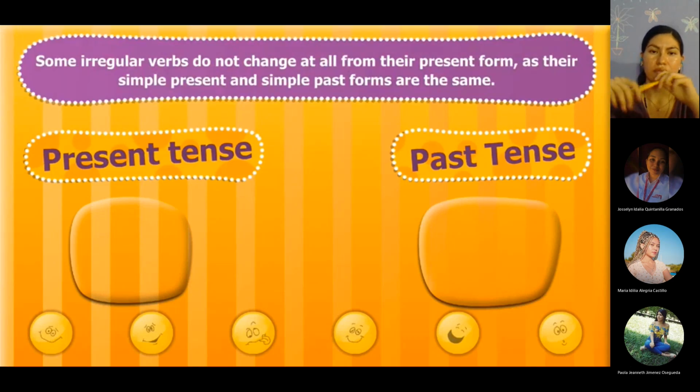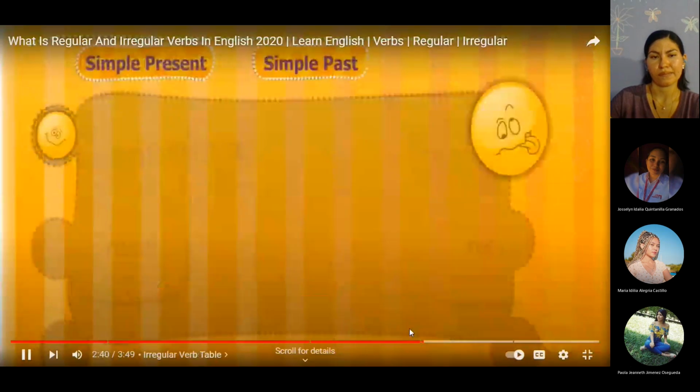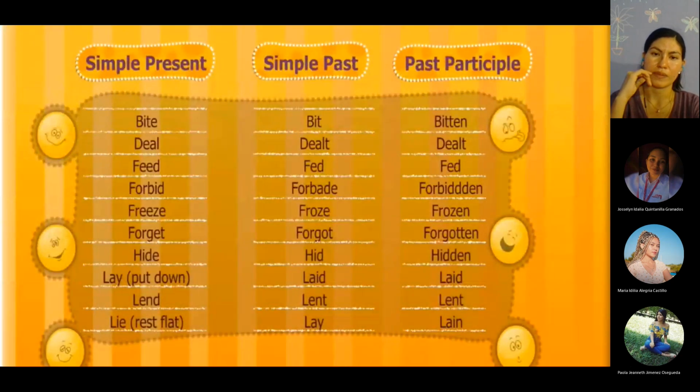Some irregular verbs do not change at all from their present form, as their simple present and simple past forms are the same. For example, the irregular verb read remains the same in the simple present and past forms. The table shows some important irregular verbs which you may want to commit to your memory.